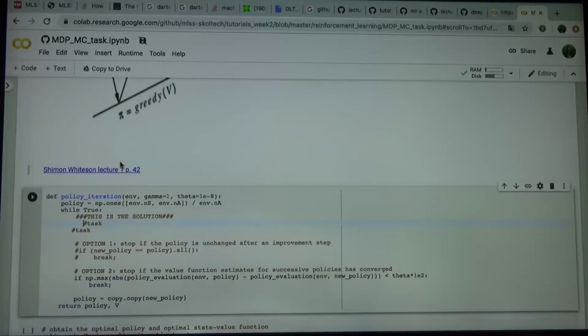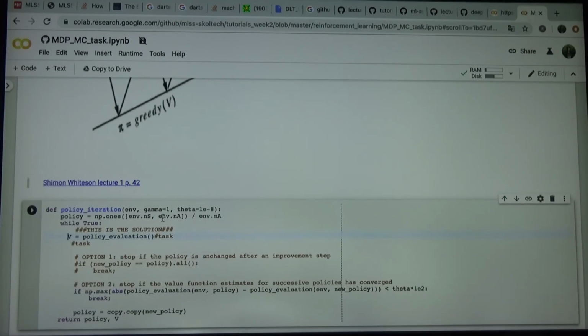First, we're going to get some V, which will be equal to policy evaluation.